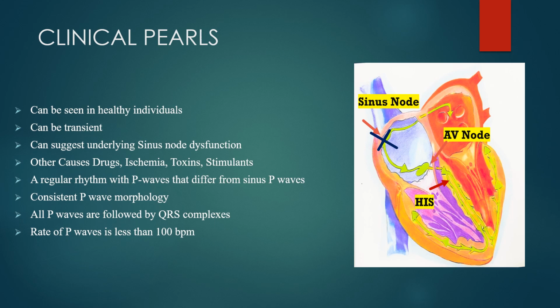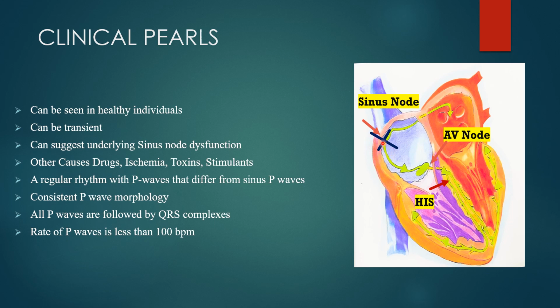So how do you define this ectopic atrial rhythm on the ECG? Well, it has to be a consistent non-sinus P wave morphology. This area is the area of the sinus node. Because of any of the reasons described before, if it stops firing, then these other areas also have a tendency to fire, and they are usually suppressed by the activity of the sinus node.